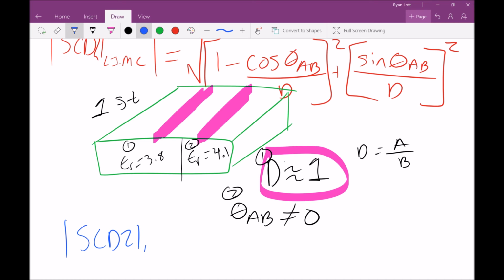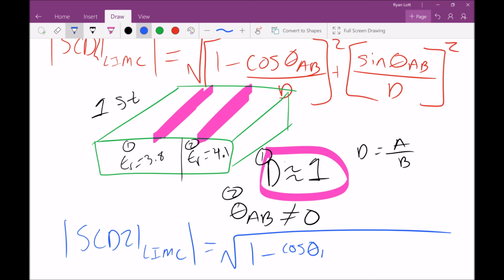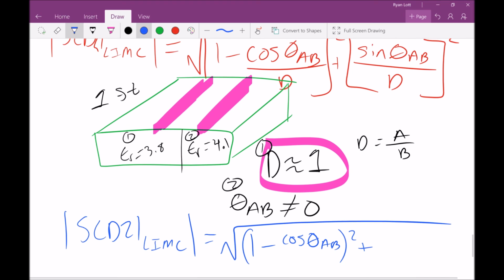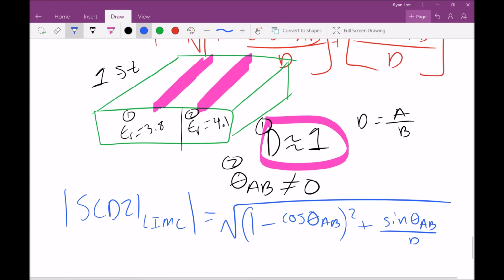SCD21 loss independent mode conversion is equal to the square root of (1 minus cosine theta AB) squared plus (sine theta AB) squared.